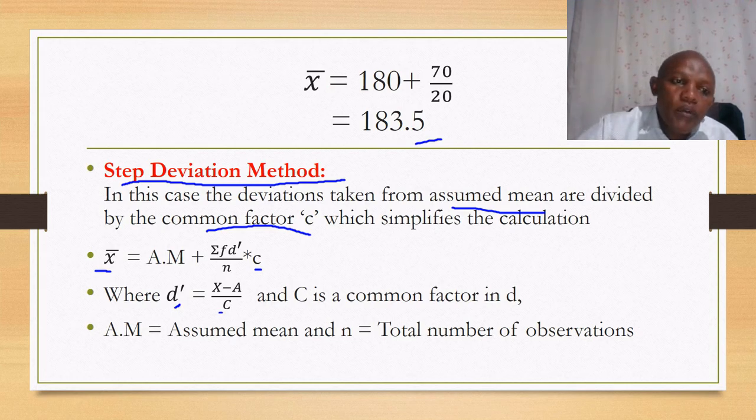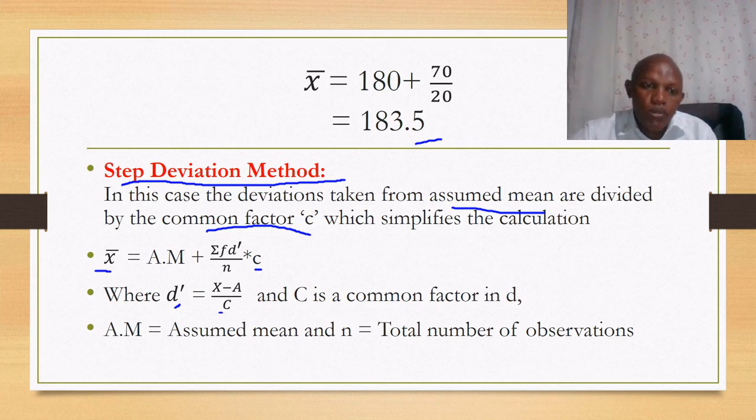So now the formula for the step deviation method is given by assumed mean plus summation of f d prime over n times c, where c is the constant that you're going to divide every term by once you have had the deviation from the assumed mean. We're going to look at that later. And that's why we are saying that this d prime is given by x minus a, the values of x minus that assumed mean, divided by c, as you can see.